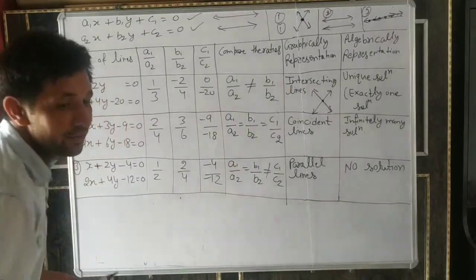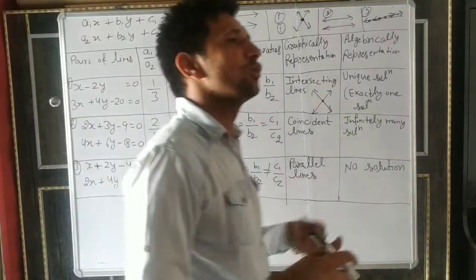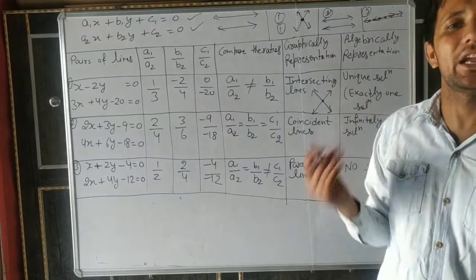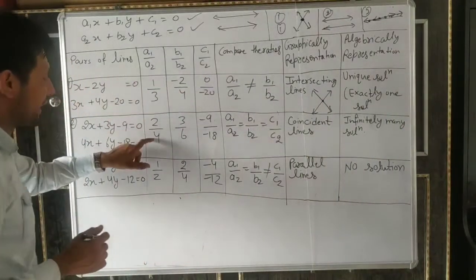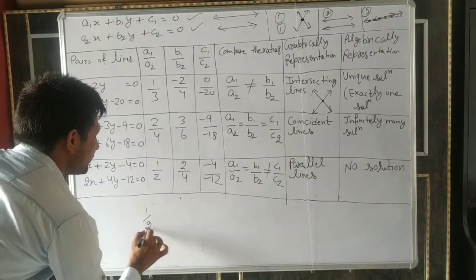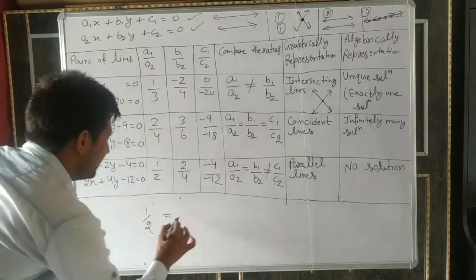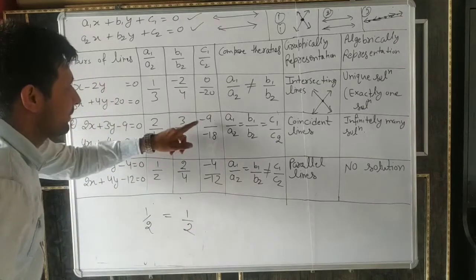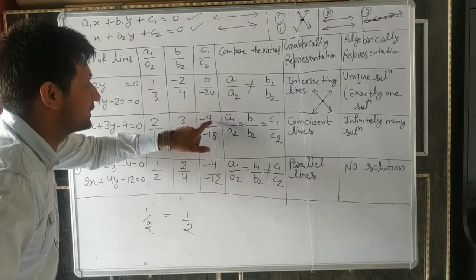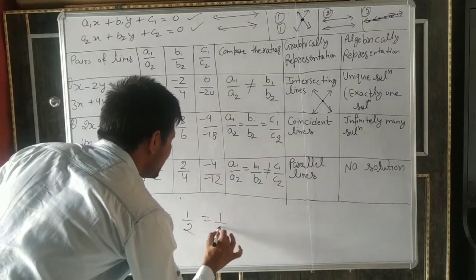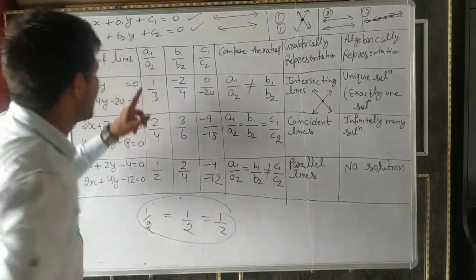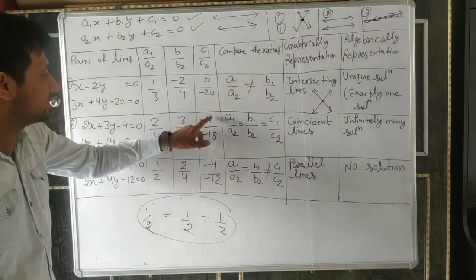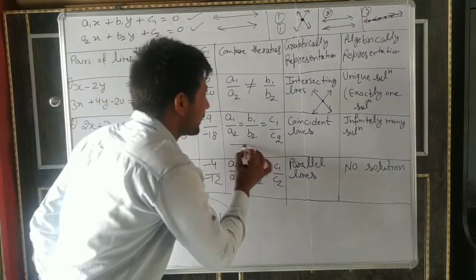We check whether A1 by A2, B1 by B2, C1 by C2 are equal or not. We observe that 2 by 4 means 1 upon 2, 3 upon 6 means 1 upon 2, and minus minus is positive, 9 ones are 9, 9 twos are 18, so 1 upon 2. All are equal.